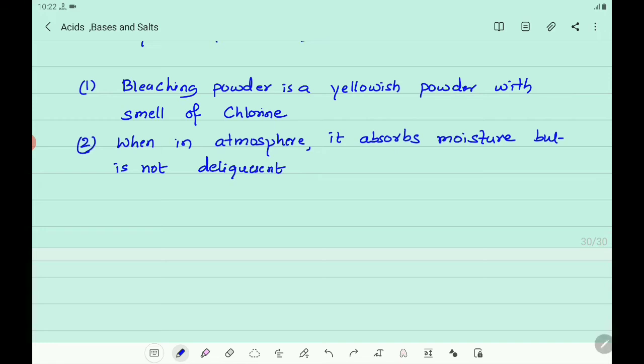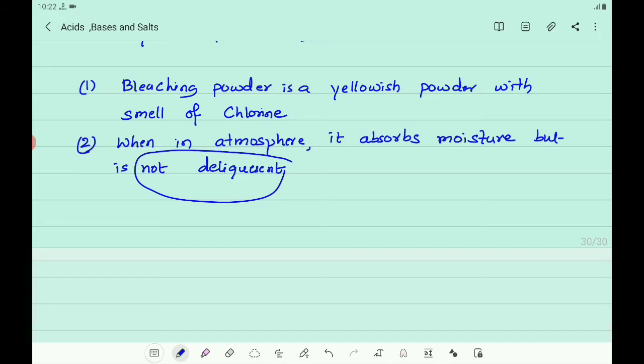But here we have taken that bleaching powder is not deliquescent. It will not produce an aqueous solution even though it absorbs moisture from the air. It is a material which will not convert into solution even though it absorbs moisture.